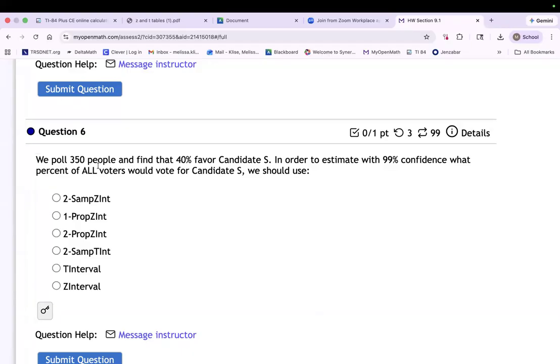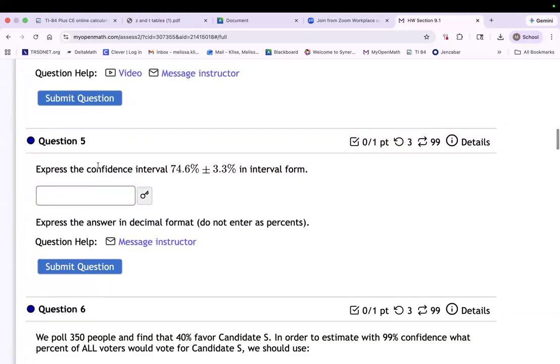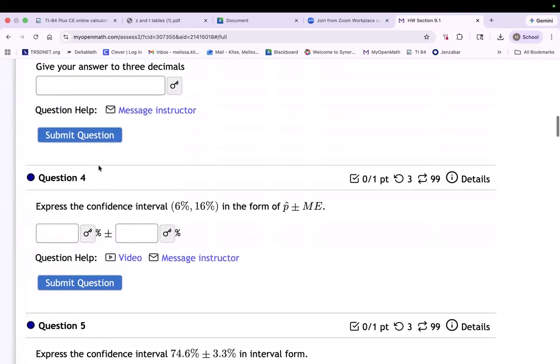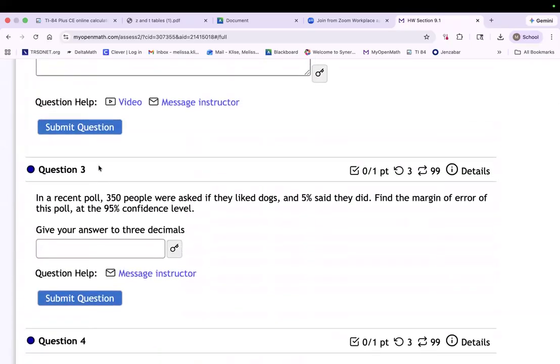Now, they gave me all pretty numbers, but it happens sometimes that they will give you numbers that are not pretty. So let's say they did 350 people asking if they liked dogs, and 6.8% said that they did like dogs.